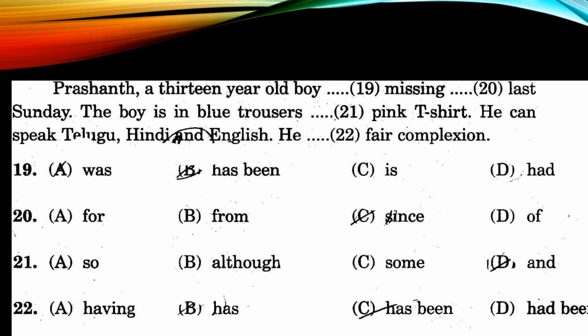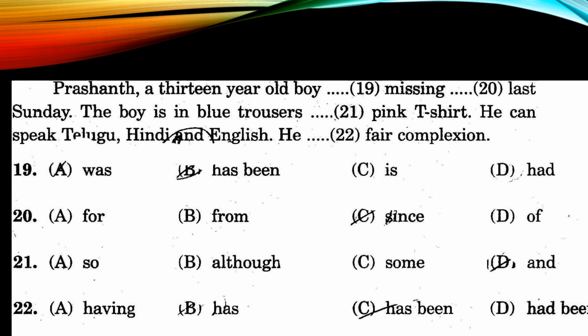Students, you can see the blanks in this paragraph. Each blank contains 4 options. Below the paragraph you can see them. For 19, A, B, C, D. For 20, the same, A to D. And for 21 and for 22.